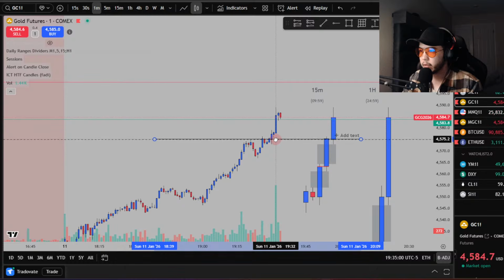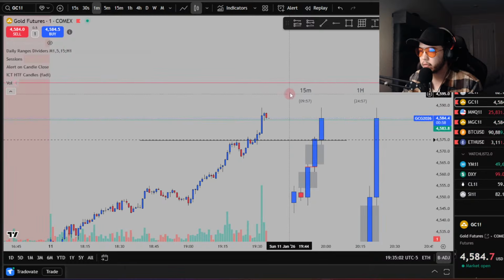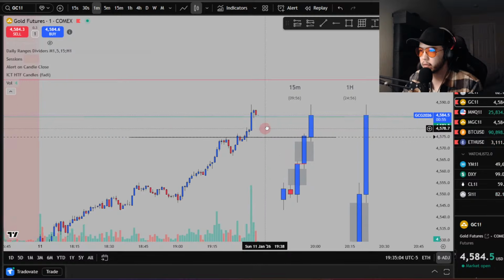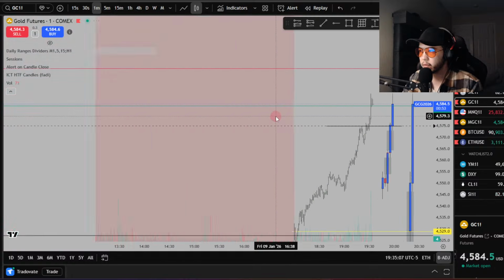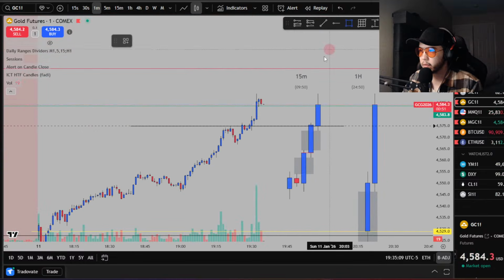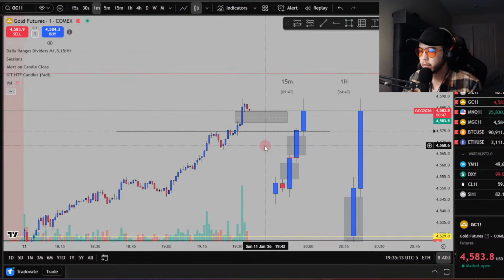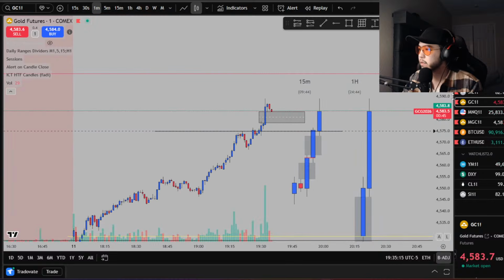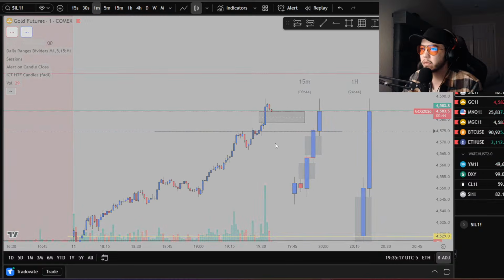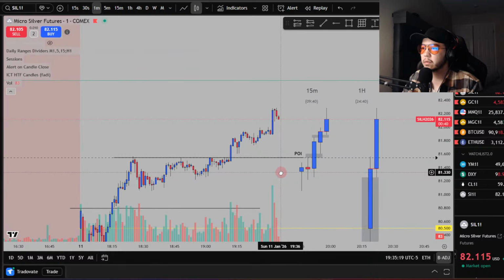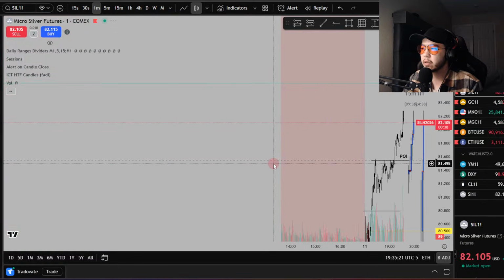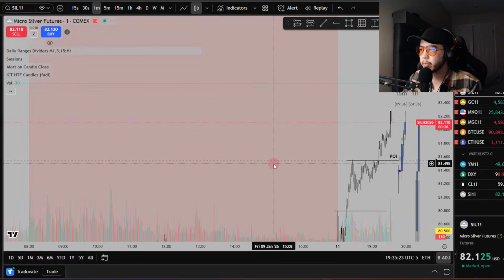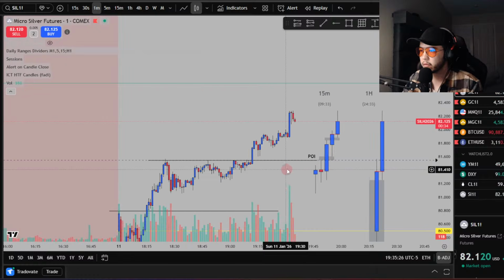This would be the new area for us to either long. We'll see though. There's a gap in here. Gold hit the all-time high, but silver didn't.